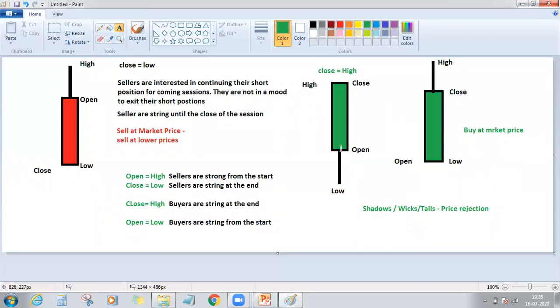When price starts to come down into this zone, bulls are already waiting for the price to come here. So when price comes here, immediately a rejection is seen onto the top.